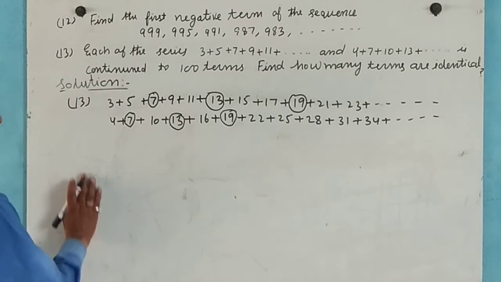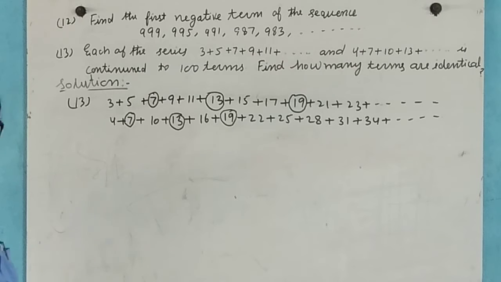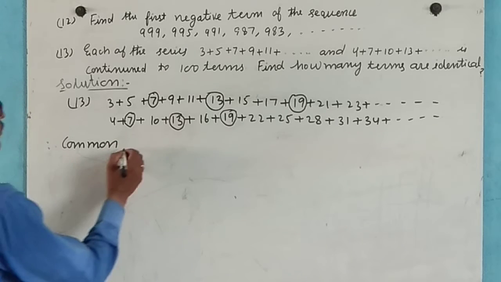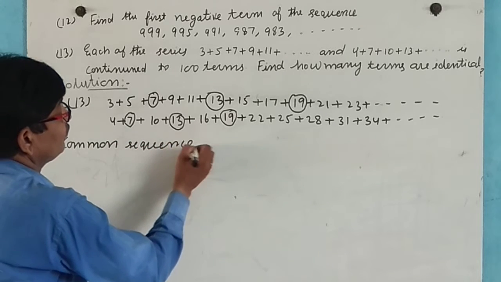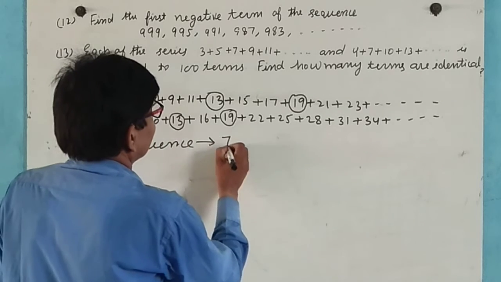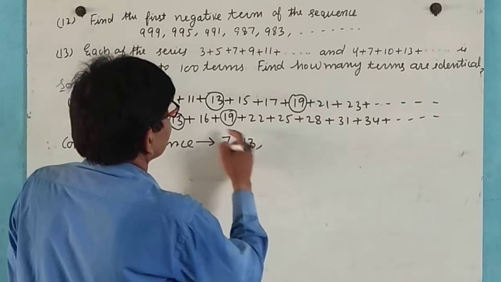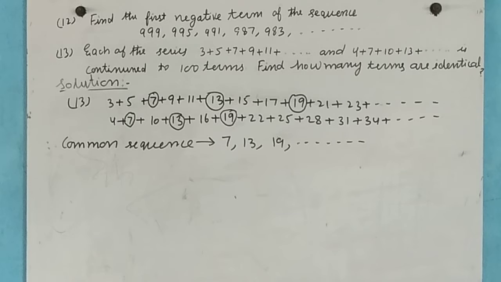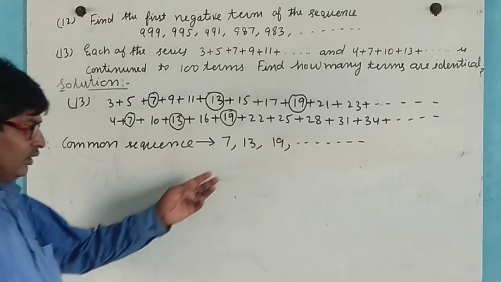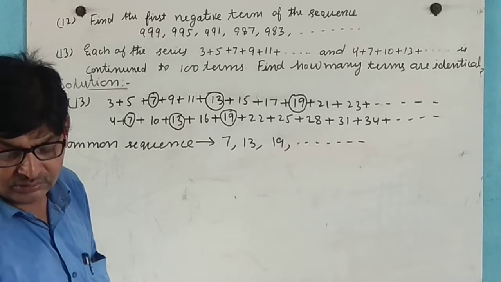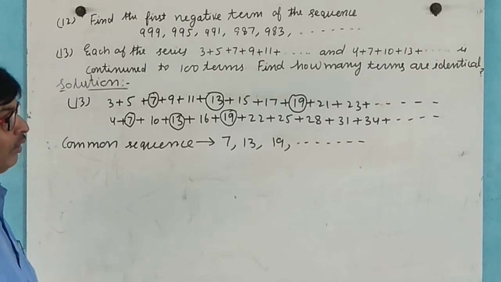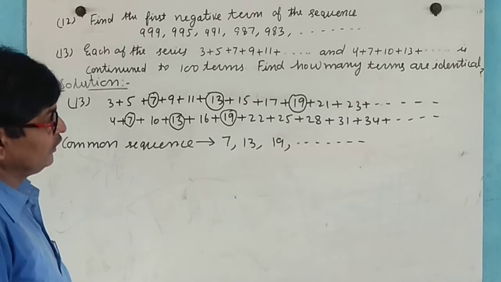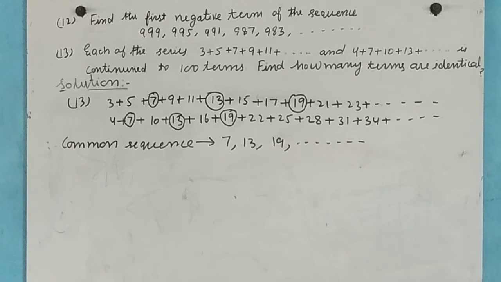Now the common sequence will be 7, 13, 19, and so on. This is a common sequence. As you see, the common difference is 6. Now we calculate the number of terms below the 100 terms.